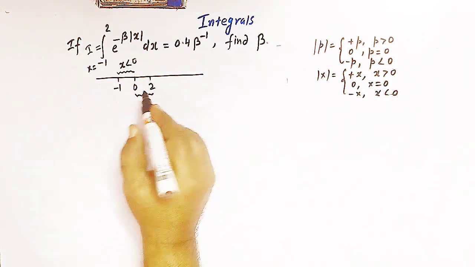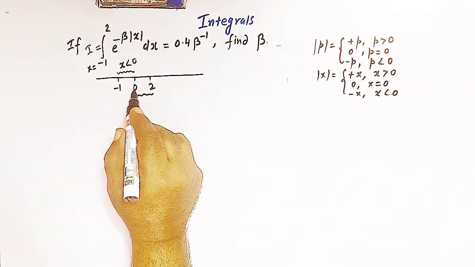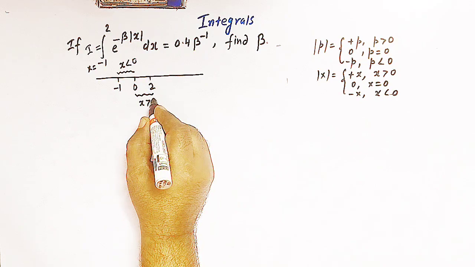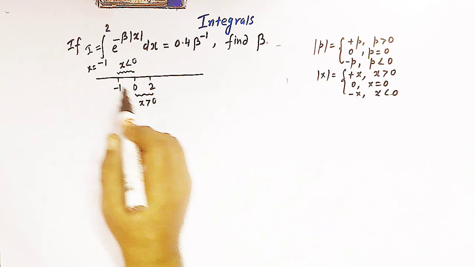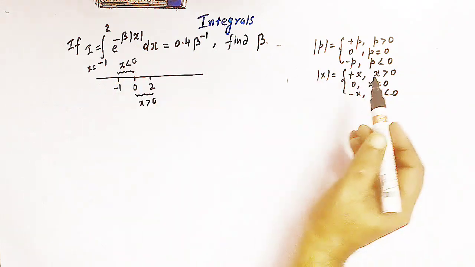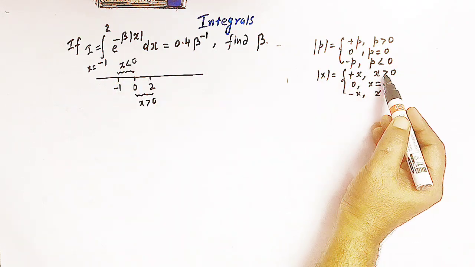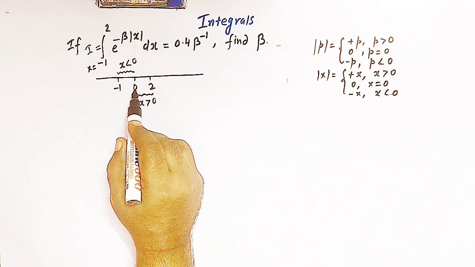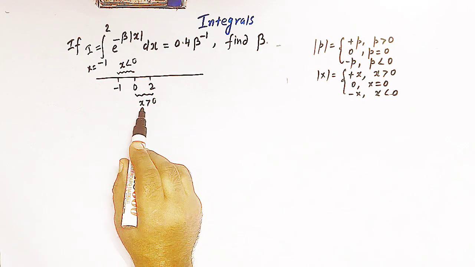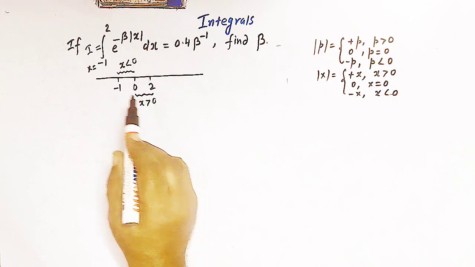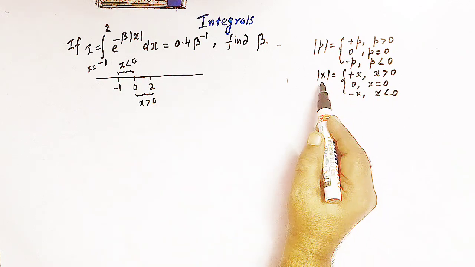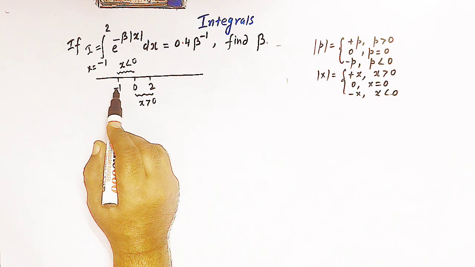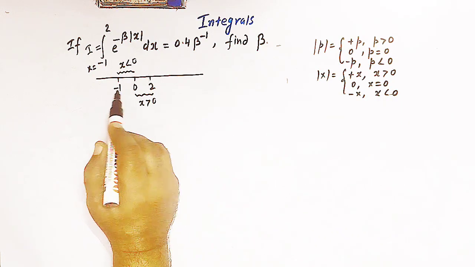And in the interval from 0 to 2, x is greater than 0. Mod of x is positive x when x is greater than 0, and mod of x is negative x when x is less than 0, so we go from minus 1 to 0.